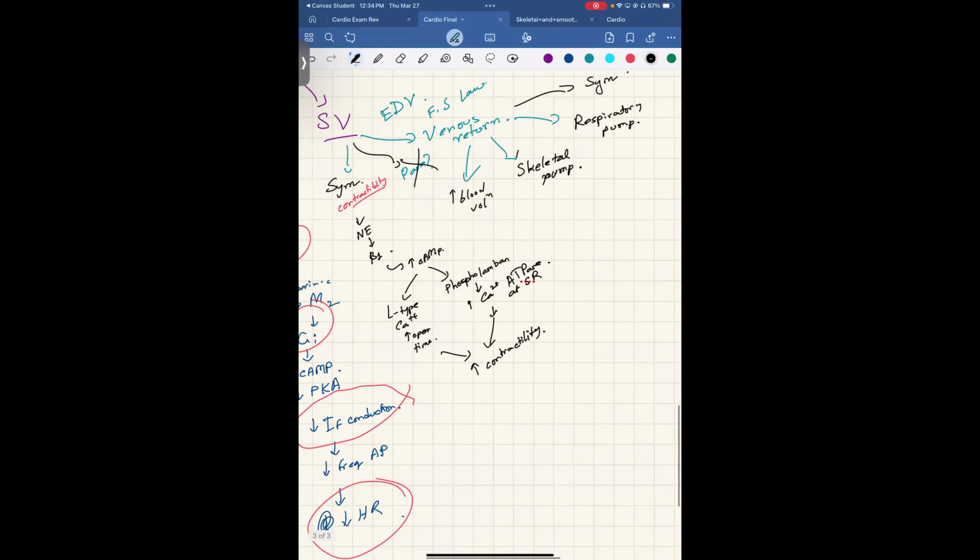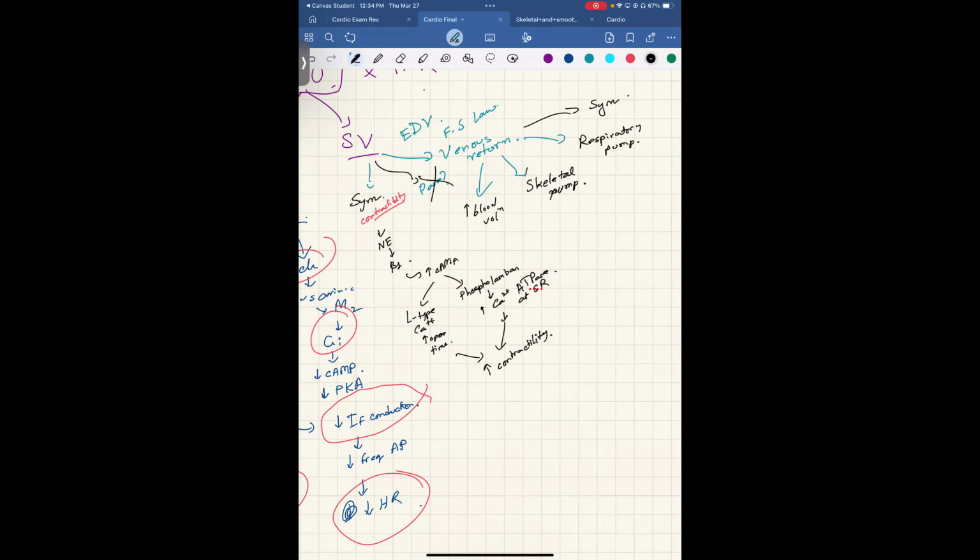Stroke volume directly is not affected because the contractility of the heart, the myocardial cells, don't have the muscarinic receptors, the acetylcholinergic receptors for the parasympathetic. So it doesn't get affected.